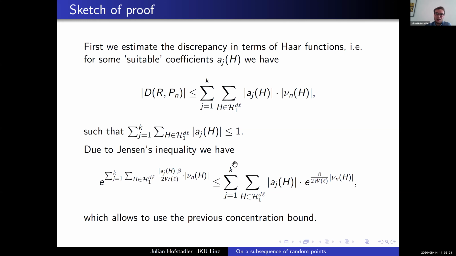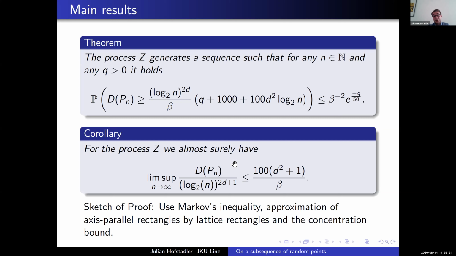And in fact, it's enough to present the main results. So the first main result is that the probability of the discrepancy of the set Pn being large gets small very fast.